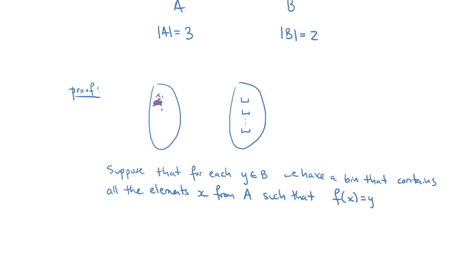You can call them x1 and x2, and they go to these bins. Each of these bins contains all of these elements.